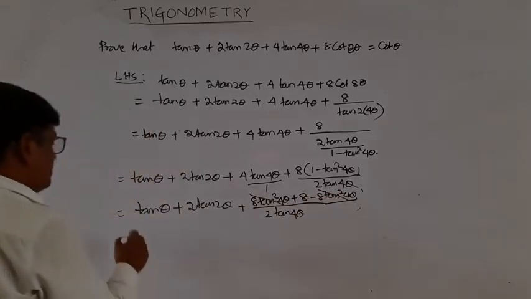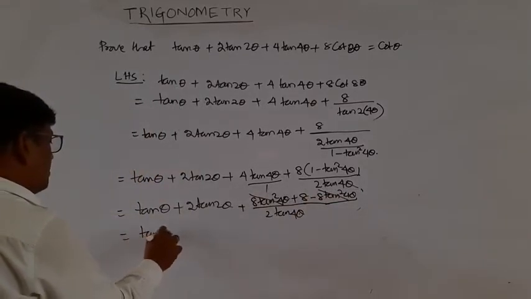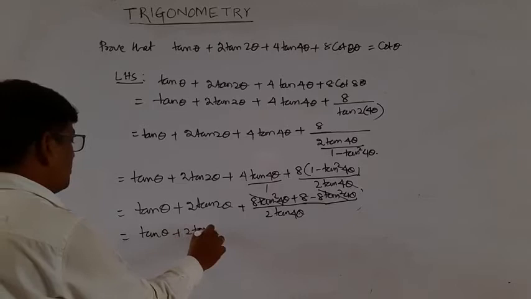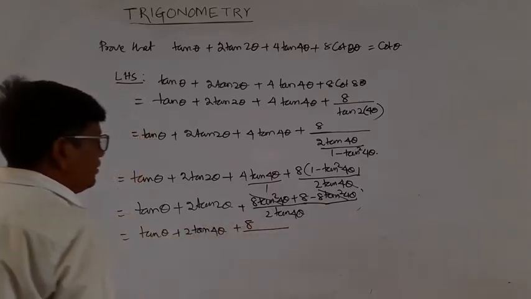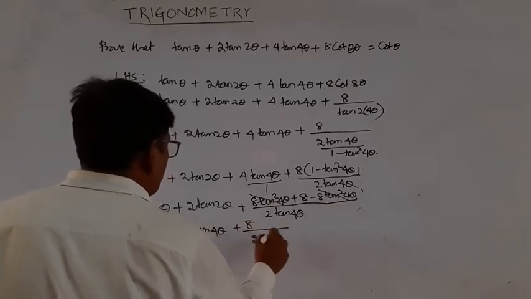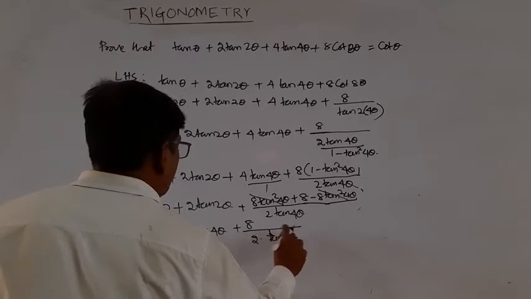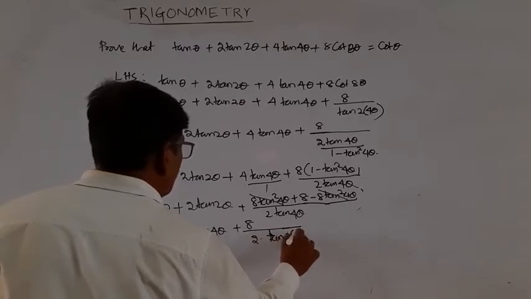Now here this is equal to tan theta plus 2 tan 2 theta plus 8 divided by 2 into tan 2 into 2 theta.